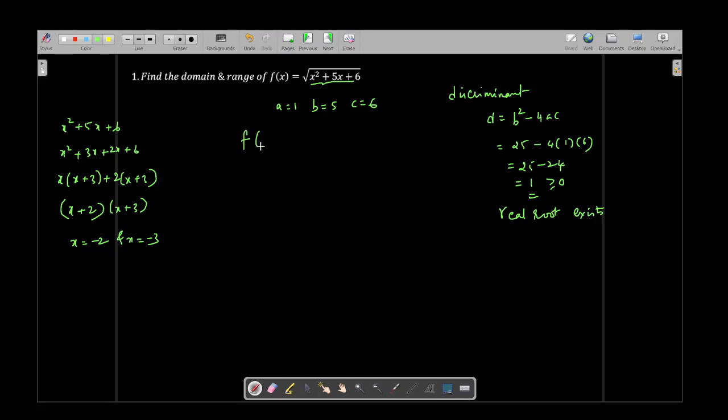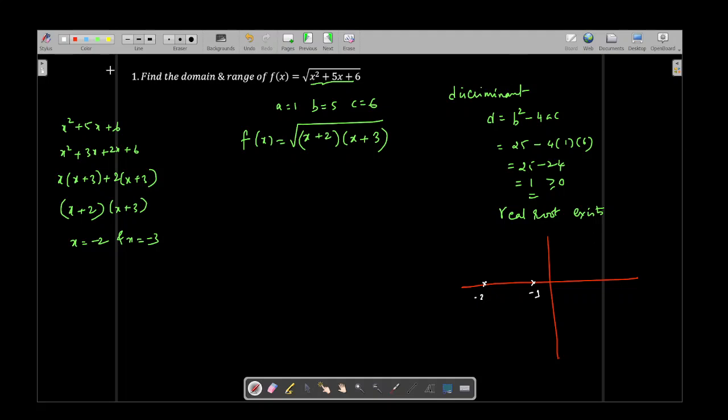So what I can write is f of x is equal to square root of x plus 2 and x plus 3. As I told you in the last video, the curve cuts the x-axis at minus 2 and minus 3.